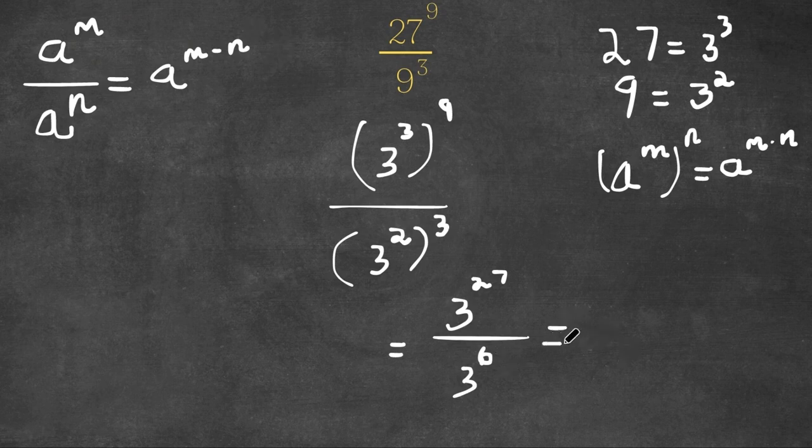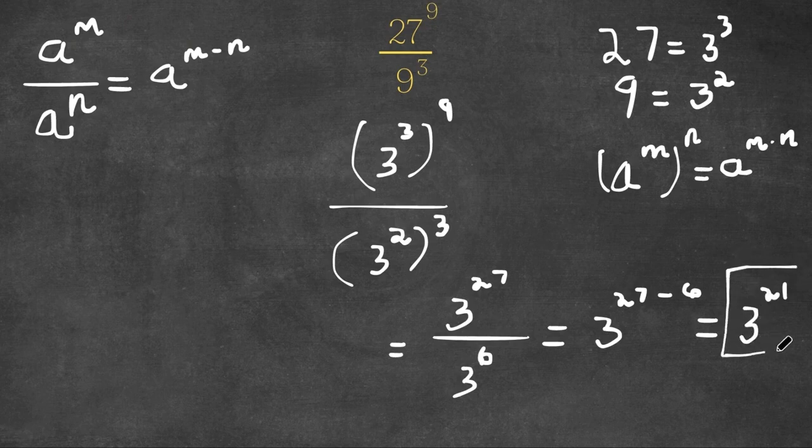So this is going to equal 3 to the power of 27 minus 6, and 27 minus 6 is 21. So this would be 3 to the power of 21. So this is our answer.